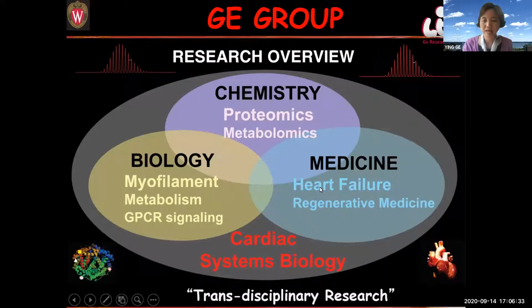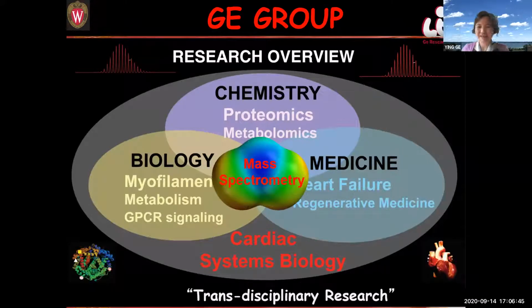And I have MD students and some MD PhD students in the lab, helping us connect from basic research to clinical research. But everyone in the lab, regardless of whether they're chemistry students, biology students, or MD PhD students, they all have to learn mass spectrometry.